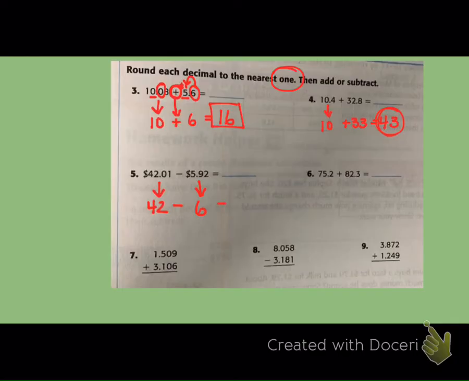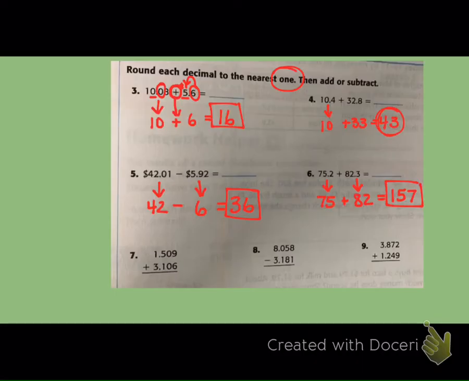So 42 minus 6 is what, 36? That is the rounded or estimated value. And the last one, number 6 here, we are going to estimate this to 75. And we're going to estimate this number here to 82. So our estimated value is 157.